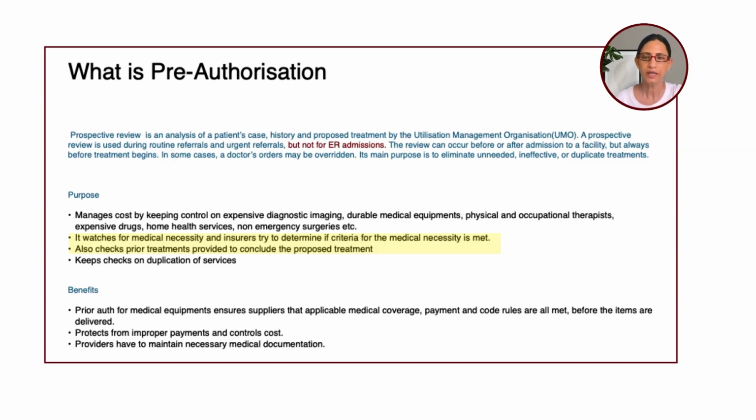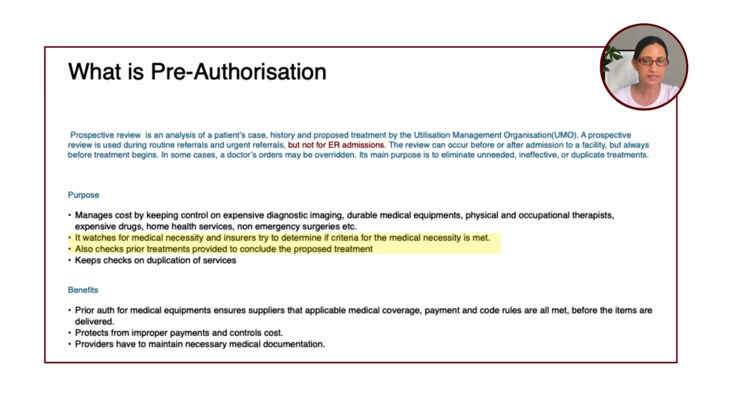I'll just give you an example. If there is a rheumatoid arthritis patient and that patient is proposed a physical therapy treatment, for the physical therapy to happen, the criteria is that diagnostic imaging was done for this patient or not. And if diagnostic imaging was done, inflammation has to be taken care of by some prescribed medicines or even some physical therapy.